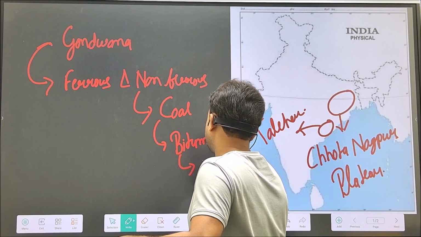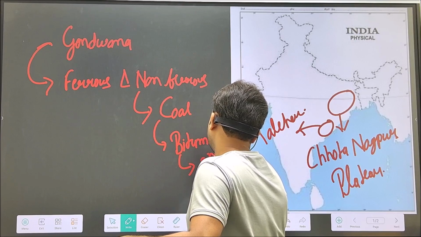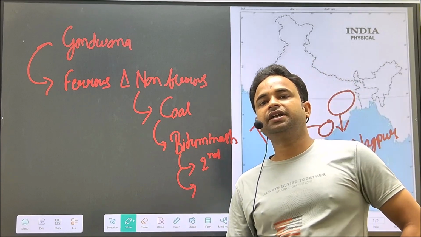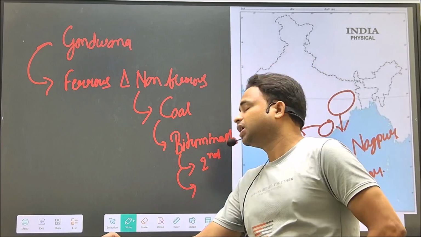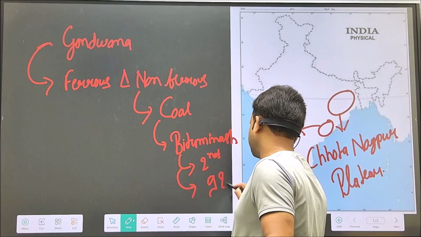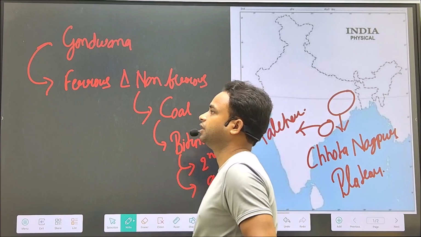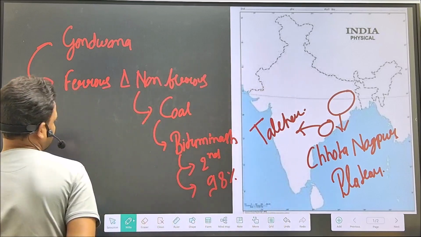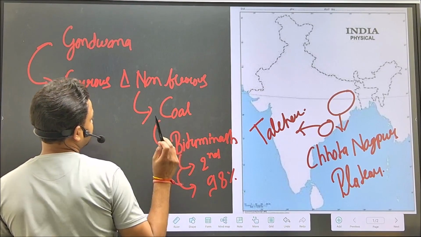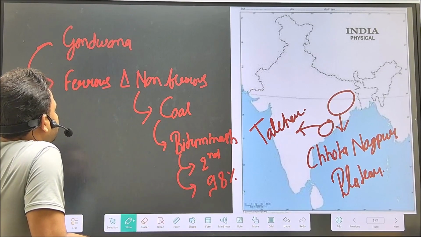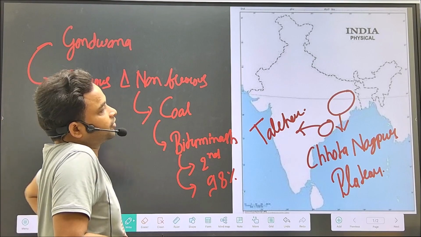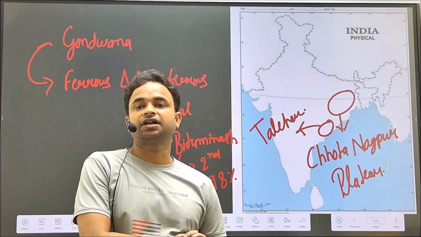Bituminous is the second highest quality of coal, and you should know 98% of India's coal dependency is on bituminous coal. If bituminous is the second highest quality, then the first highest quality is anthracite coal.